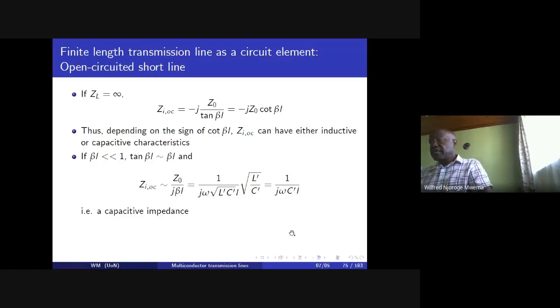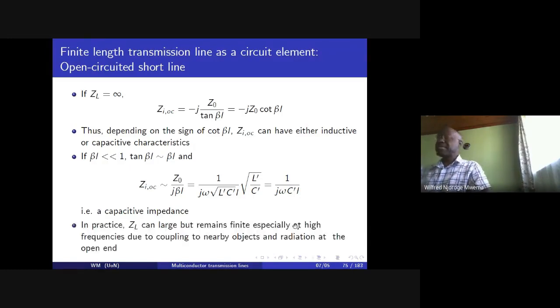In practice, we can only make ZL large when we open circuit the line section, just like what we have said about the lumped element components. When the two conductors of the open circuit are at different potentials, as the frequency increases, the stray capacitance between the two conductors becomes important.